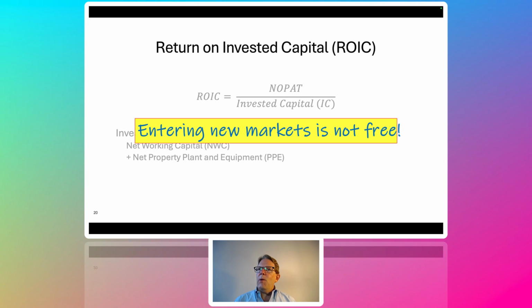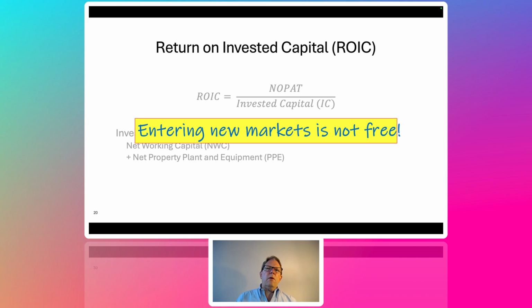Rational business people probably won't make that investment unless they think the ultimate return on that investment will generate a return greater than their cost of capital. So if the CEO of a competitor is thinking about coming after your NOPAT, that's how we set this up. They very much have to think about how much will they have to invest to enter the business, and then ultimately what kind of return could they expect to get from that investment. That's what I want to set up in this video.